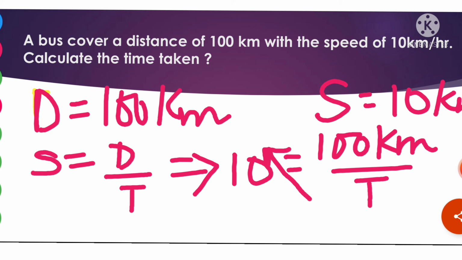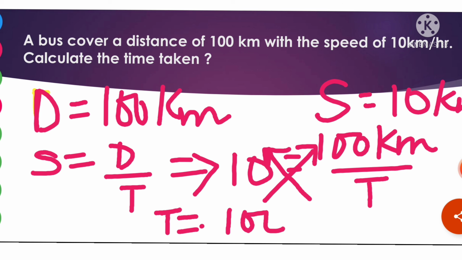When you cross multiply, the time will come to the left hand side and the speed will come down. So time is equal to 100 upon 10. And when you cancel the 10 by 100, the answer will be 10.